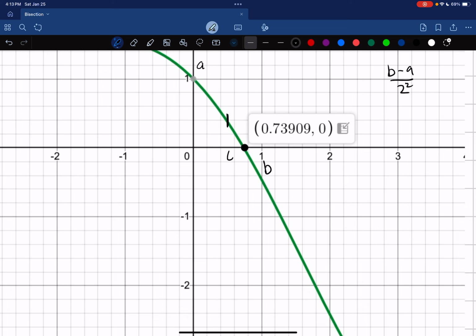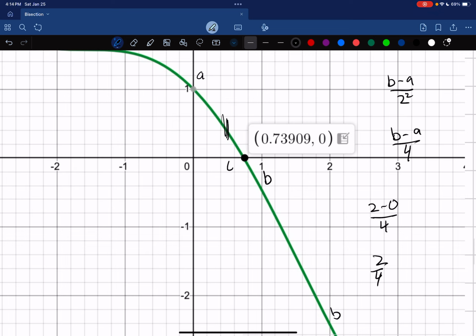I have to think about that for a bit. Because you split it twice. So now it's the original B minus A, divided by 4. So remember, if B was at 2, now what I have is 2 minus 0 divided by 4, which is 2 over 4. And it's what I got here, which is my 0.5, or 1/2. And so that's why we square it.